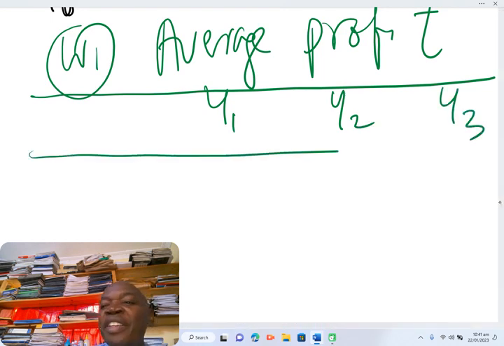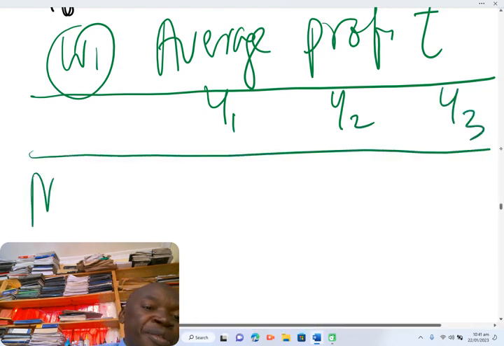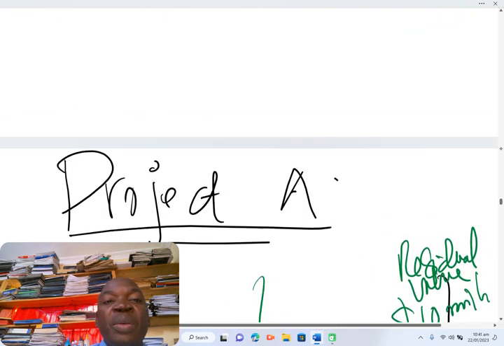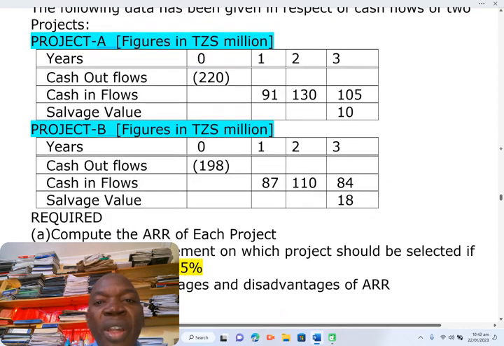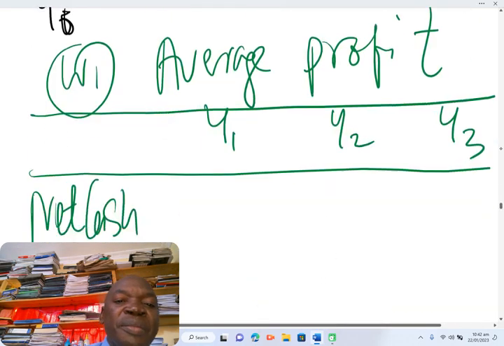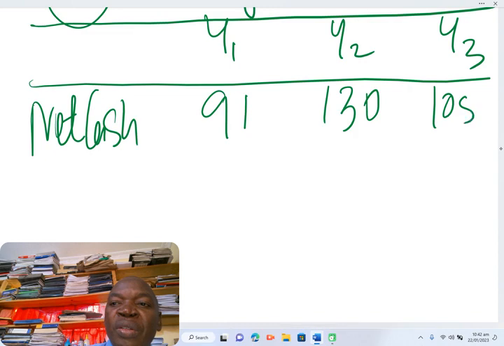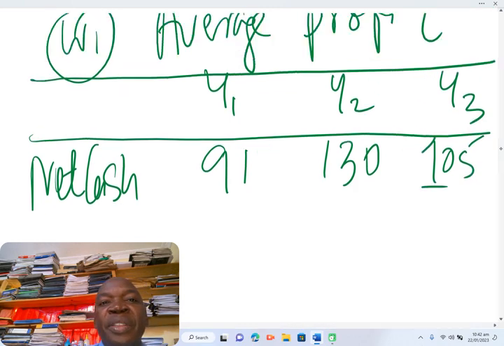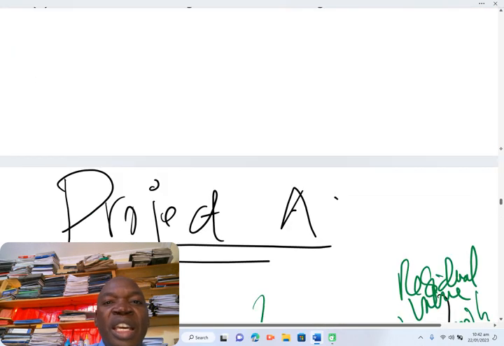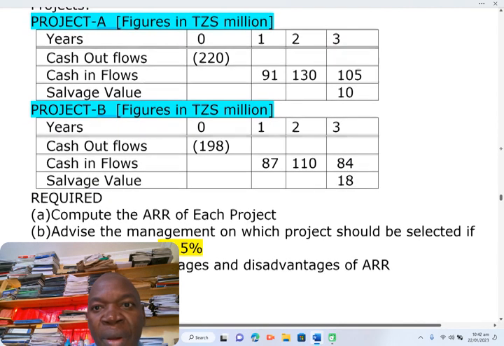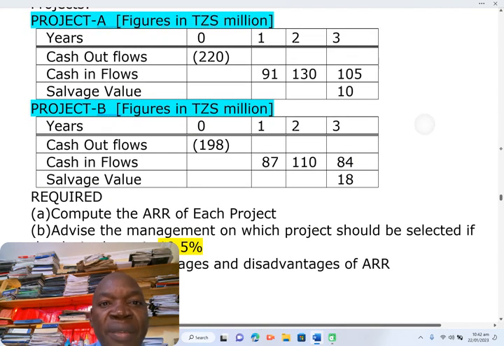We have the net cash flow for year 1, 91, 130, and 105 million. Those are the cash inflow. But the sale value is 10.